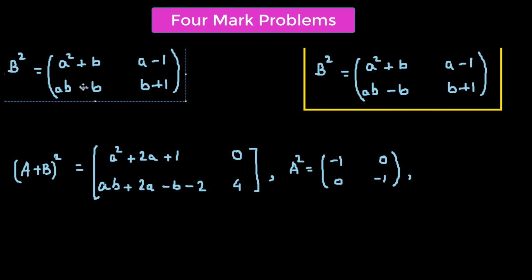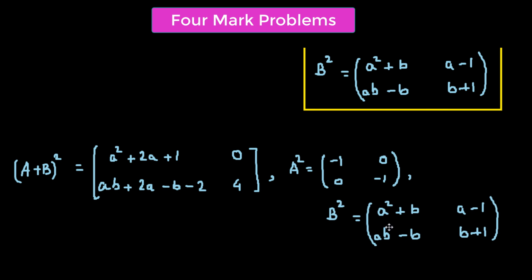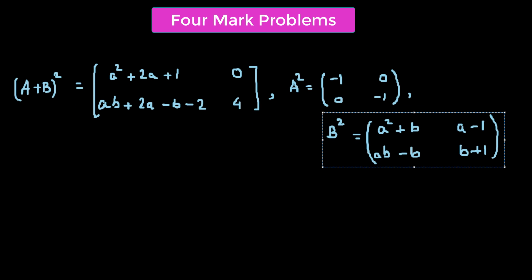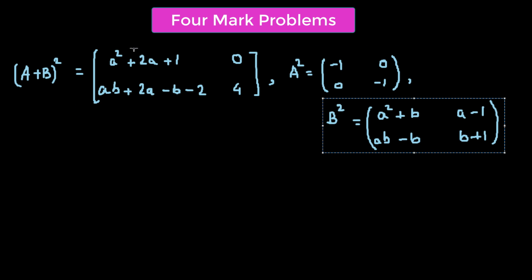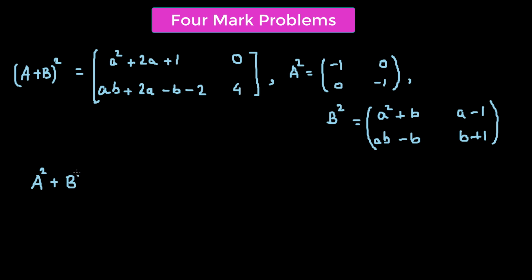There's a few more things that we need to do. This is our B squared. Now we have to find out A squared plus B squared. So A squared plus B squared is simply the matrix A squared, and this one is added to B squared.